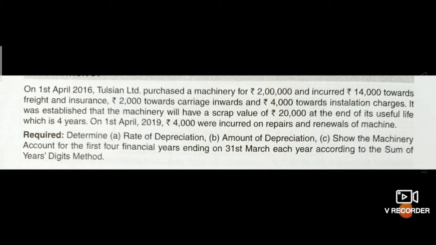We just have to calculate the depreciation by using this method. So first we have to calculate the depreciation and rate of depreciation, and then we will prepare the machinery account for 4 years. Okay, let's start.